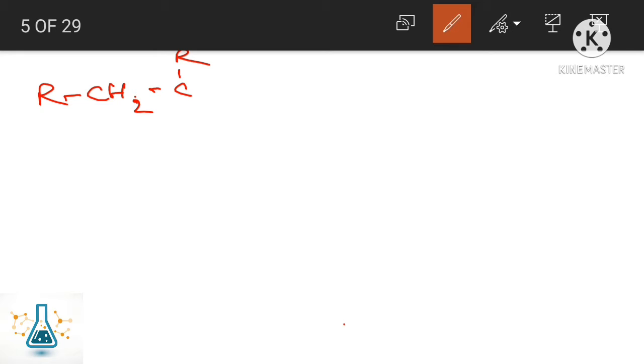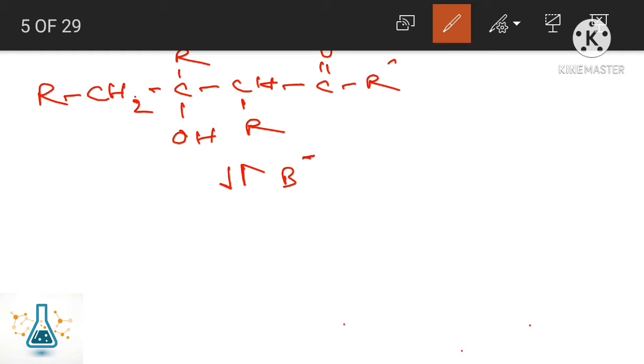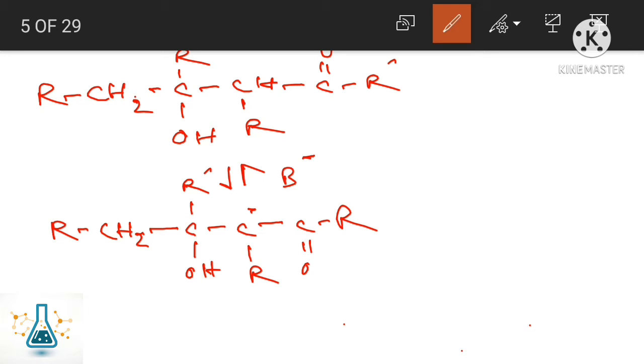RCH2C(R prime)(OH)CHR-COR prime, in the presence of base, it will be like RCH2C(R prime)(OH)C minus R-COR plus base, and then there will be an E1cB mechanism.